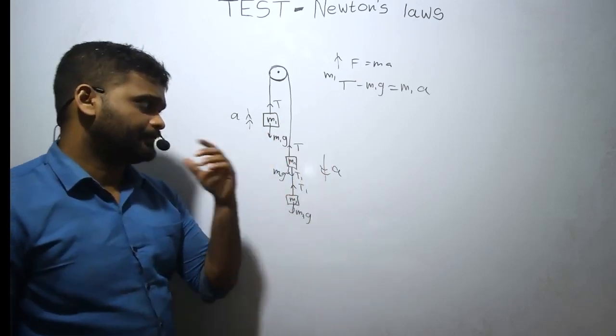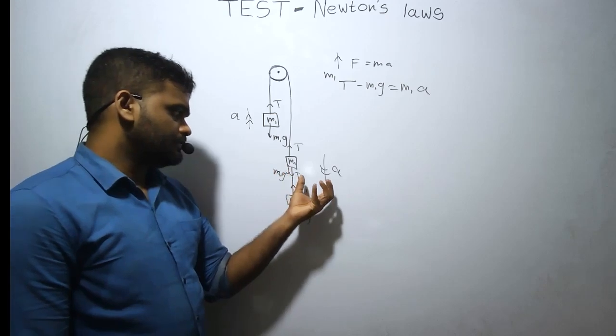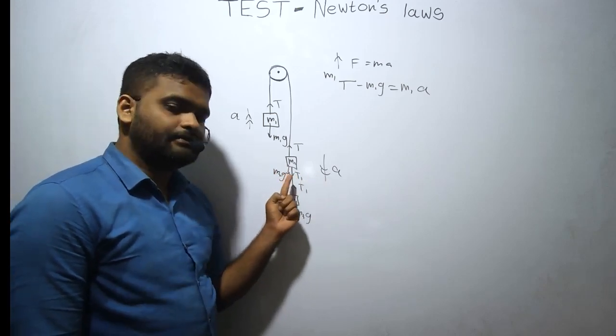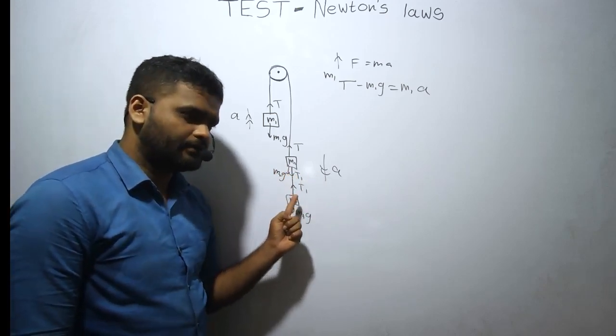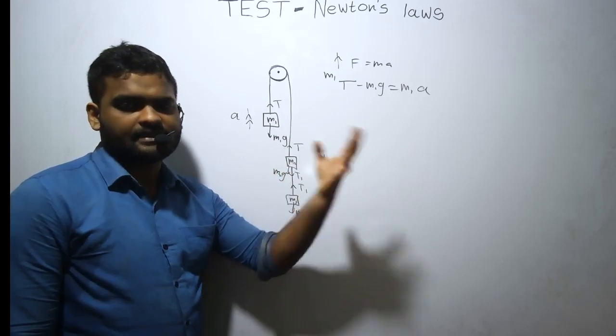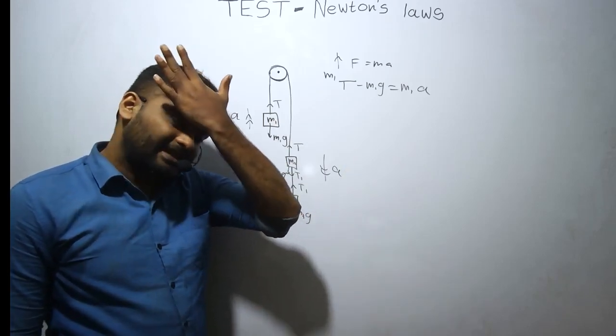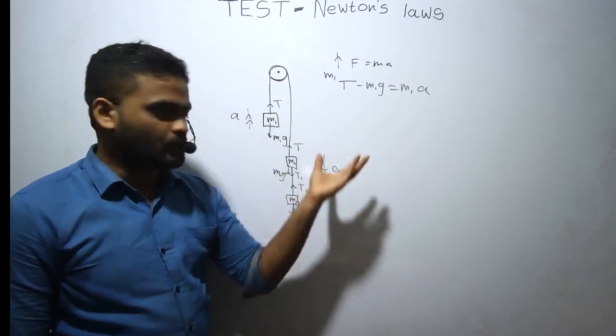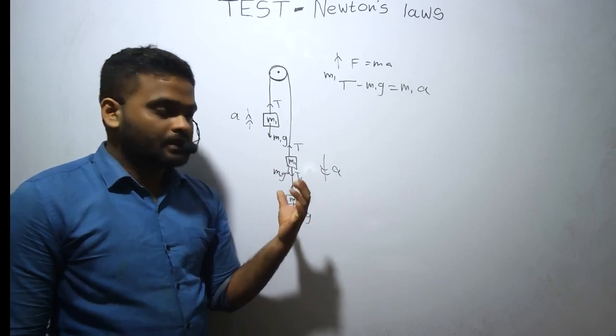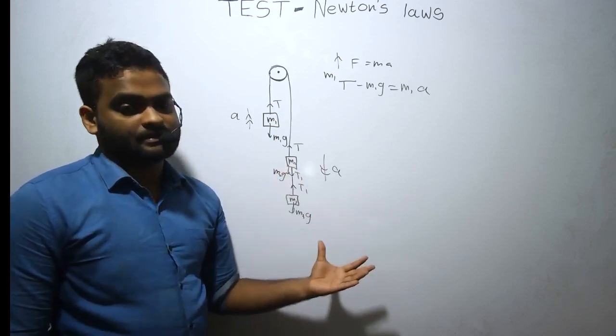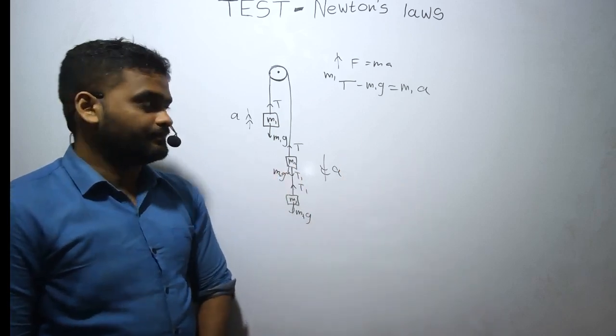Before finding T1, we need the acceleration of the system. Without that, other quantities cannot be found, so you have to find the acceleration first. That is the easy way.